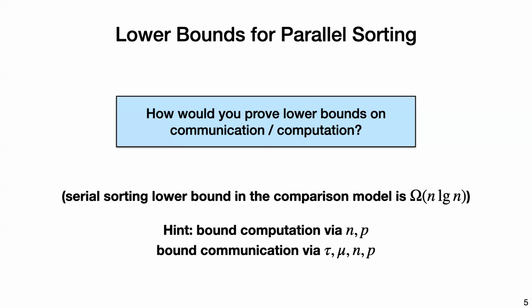If we set p to 1, we want computation time. We're going to start with a lower bound on computation time. If you have n data points and p processors, I'm asking for a lower bound on the computation time for sorting.